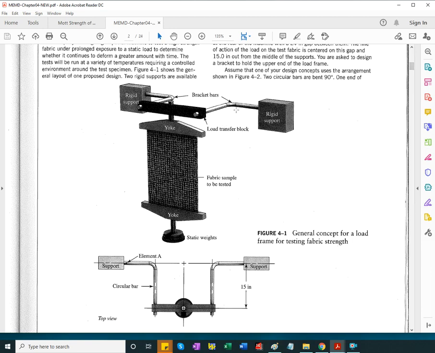They give the example here of an L bracket that is loaded, and we're going to see bending only over this portion as well as this one of the L bracket or the bracket bar. This other portion of the bar as well as this portion are subject to both bending and torsion.